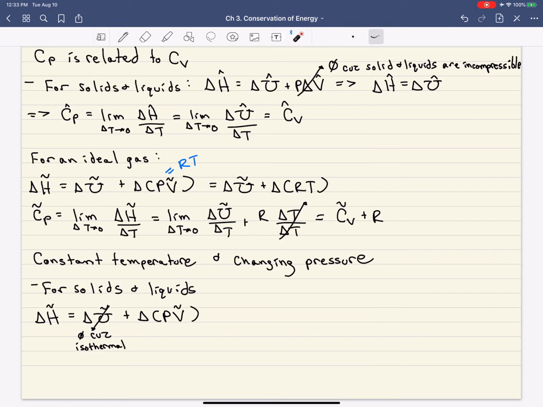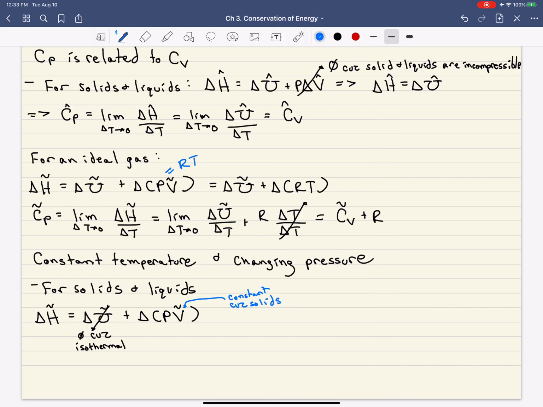For the PV term here, it's constant temperature and changing pressure. So the P, we can't actually take it out of the delta. It's actually going to stay in there. But with a solid and a liquid, we once again can invoke our assumption of incompressibility, and we could say that the molar volume is constant.